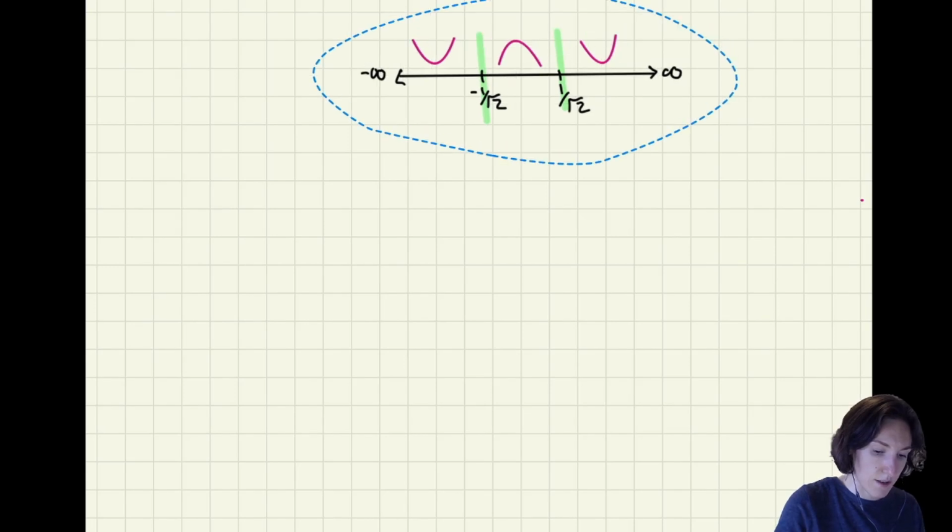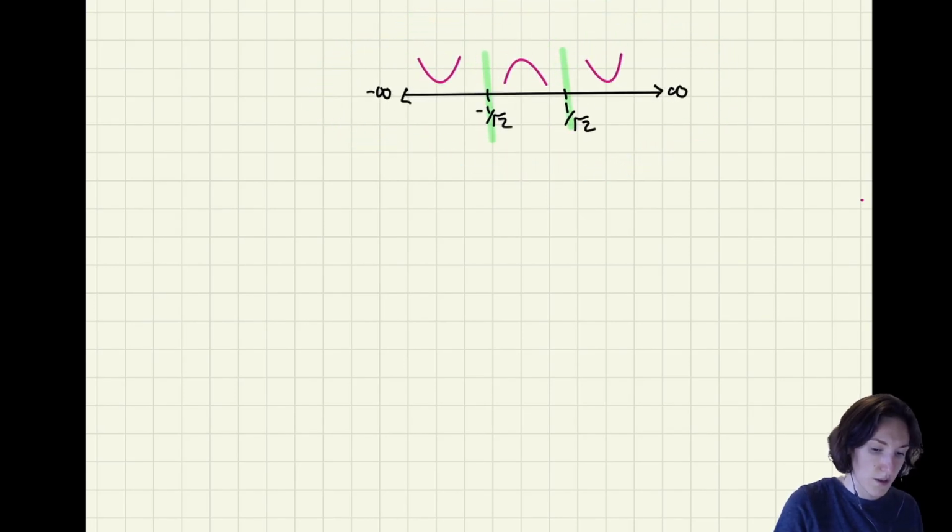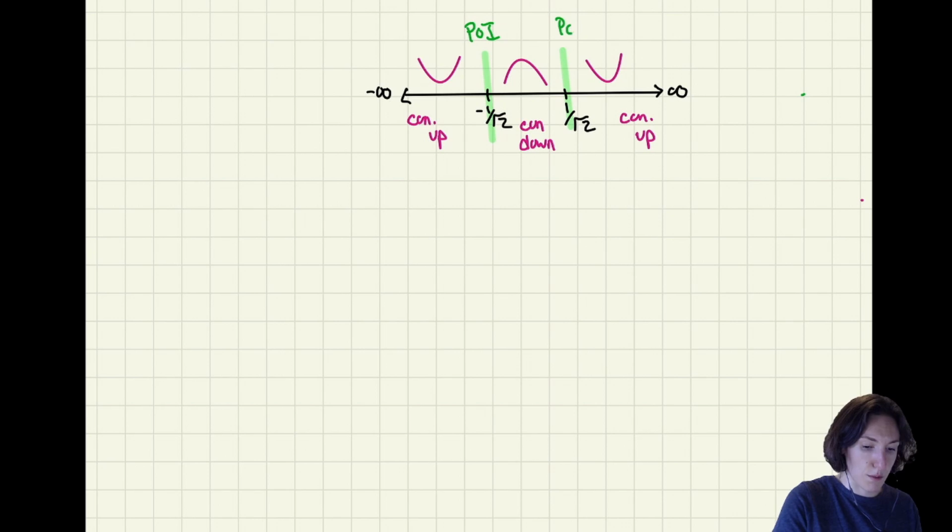And so this is concave up, this is concave down, this is concave up, this is a point of inflection, this is a point of inflection.